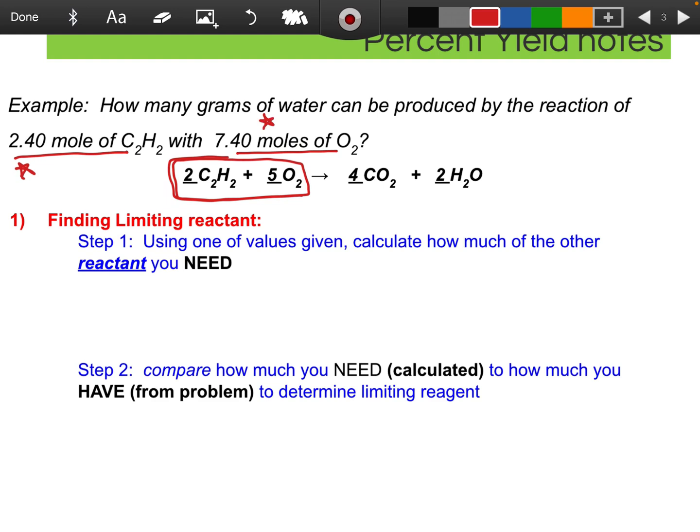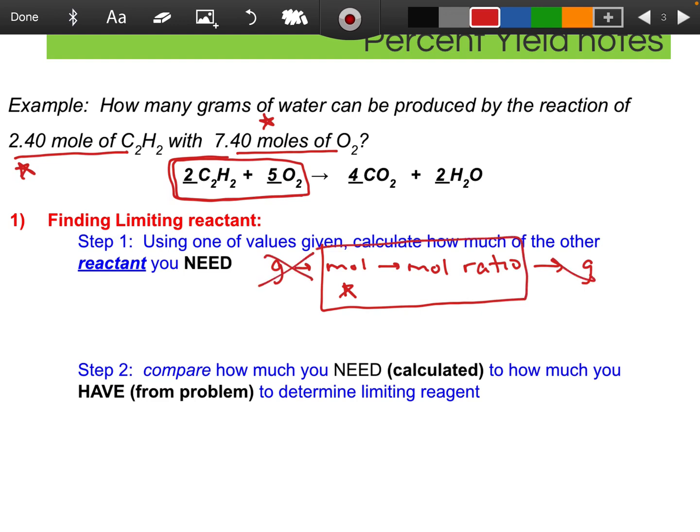Usually they've been given in grams, and then we take grams and convert it to moles, and then we compare using our mole ratio, and then we would go back to grams. Well, in this case, we're already starting with moles, so really this is the only step that we need to do for this particular reaction, only because the numbers given in the problem are in moles, so we don't have to do that extra conversion.